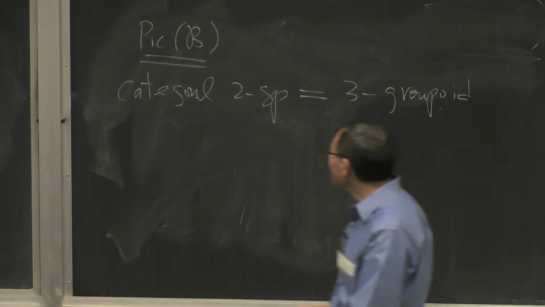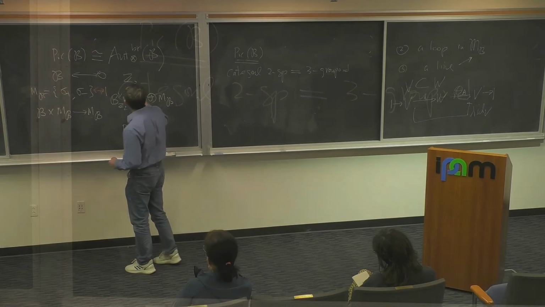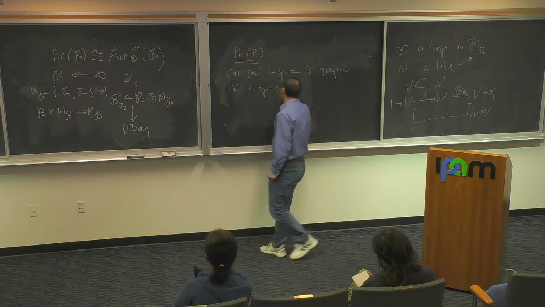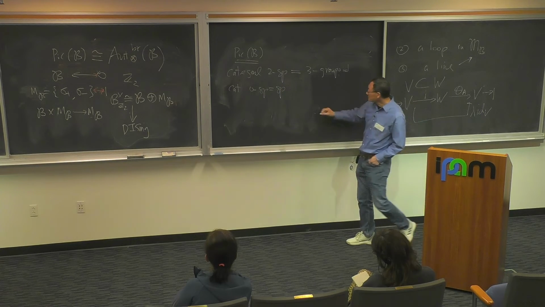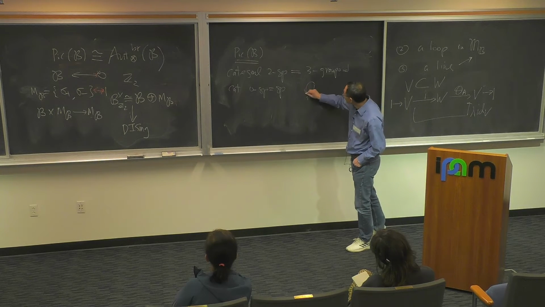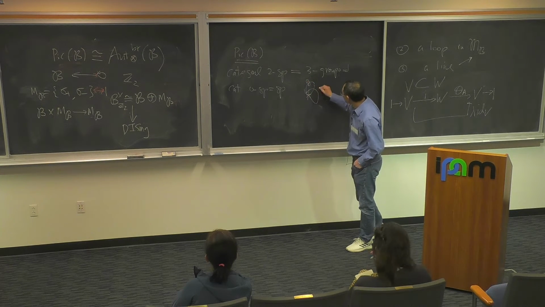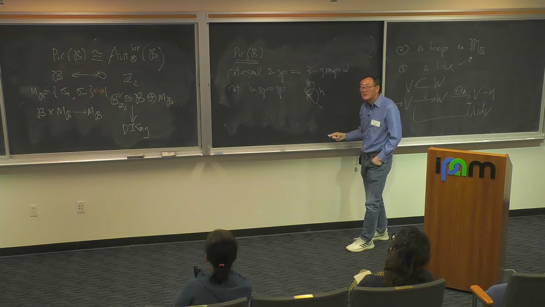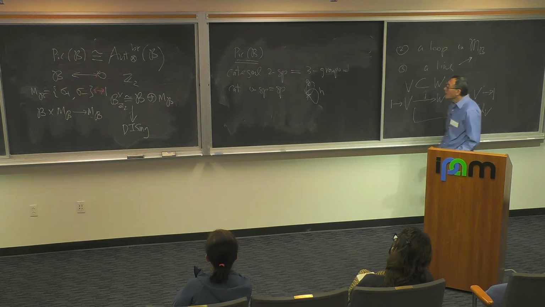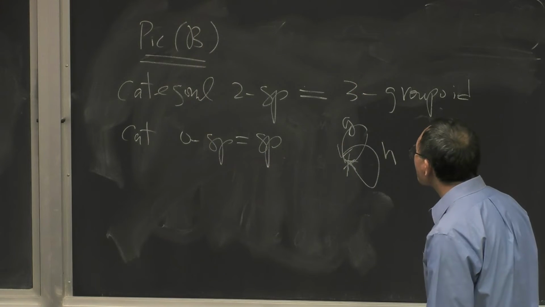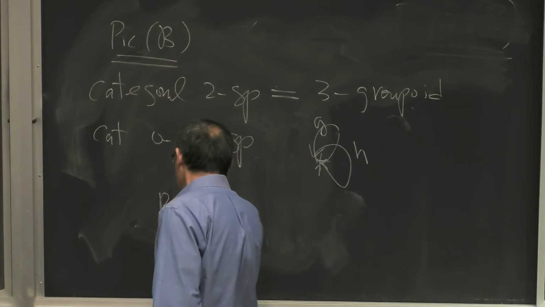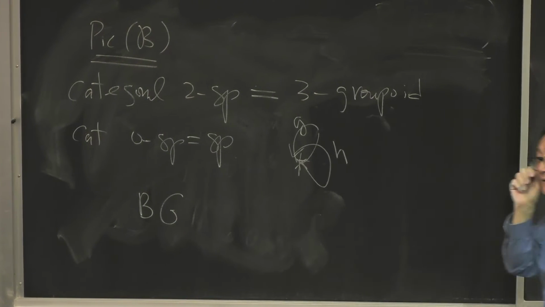And a categorical zero-group should be a real group. You think of this as one object, and every group element is an invertible one-morphism. That's how you think about a group as a categorical zero-group. And as a 3-group, we know that for every group you can construct this BG, the classifying space.